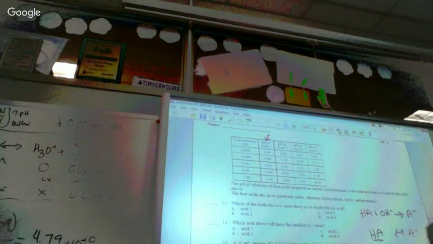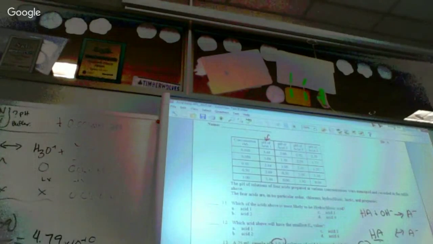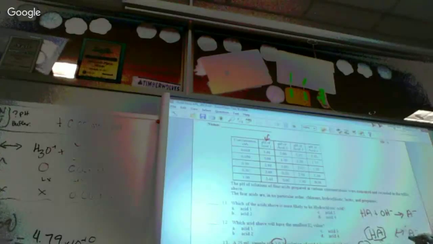I guess also my molarity of NaOH is less than the molarity of my original acid, so I didn't add as many moles of OH, and I also didn't react all of my HA. If you had added 1.5 molarity of OH, then I would have had only A- and hydroxide left, and that would become a different question. We won't do that. So now I have this solution that's got a little bit of HA and a little bit of A-, so I have concentrations of both present.